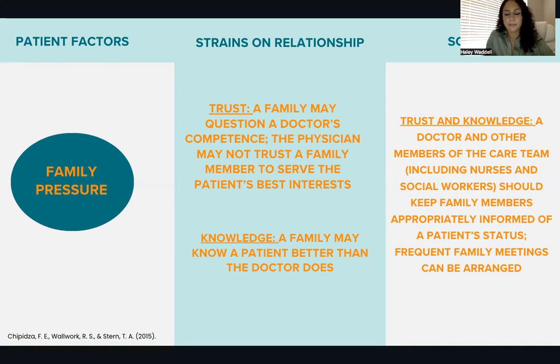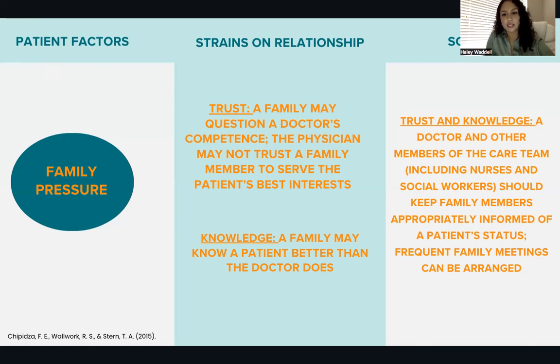Of course, they might know the patient on a personal level better than you do, but you are the one with the educational and medical training background. Sometimes providers find themselves competing with the family about what's best for that patient, and it impedes your ability, again, to have that connection with that patient, because their family's always there, questioning everything you do.